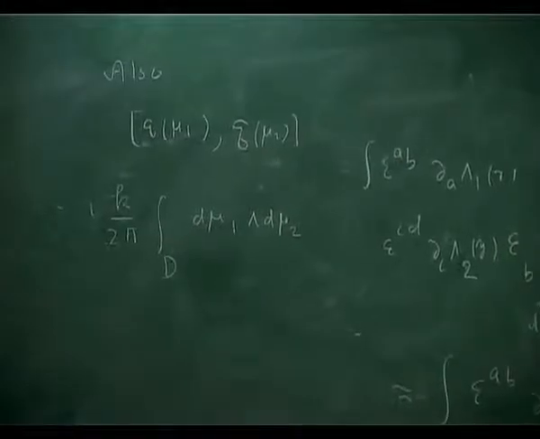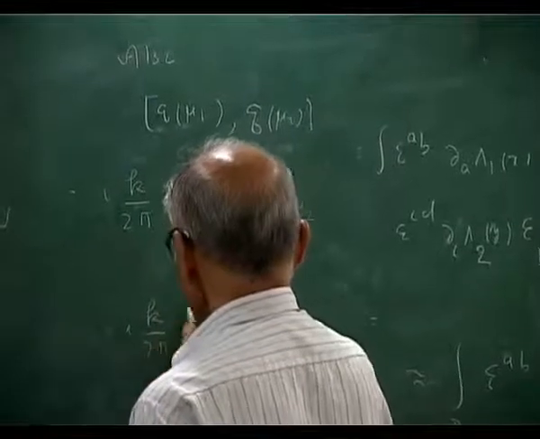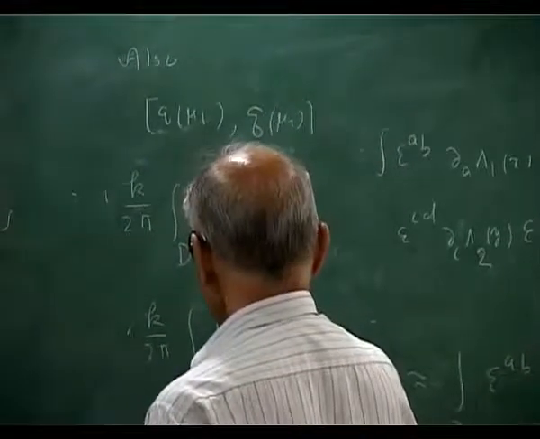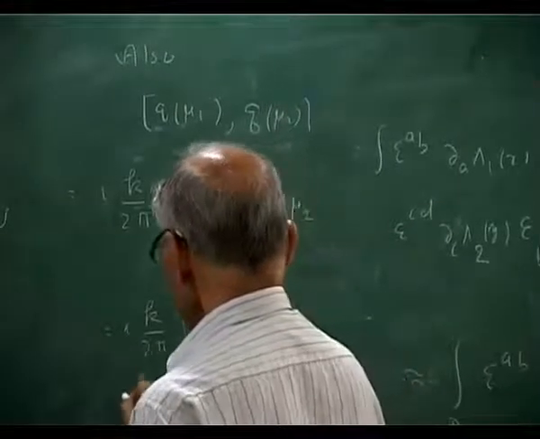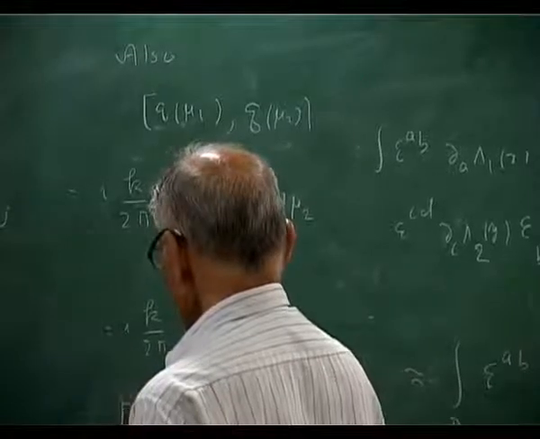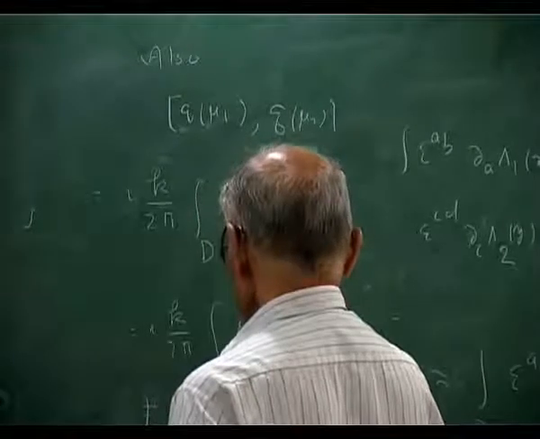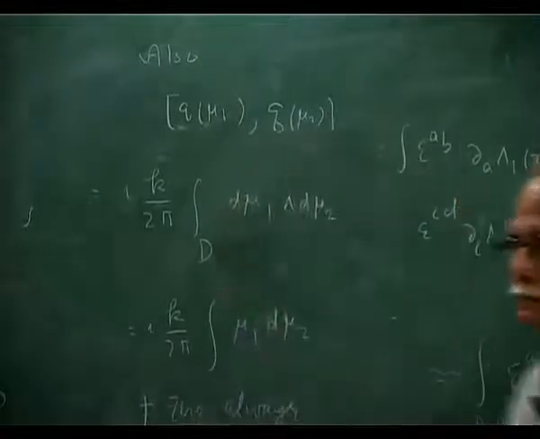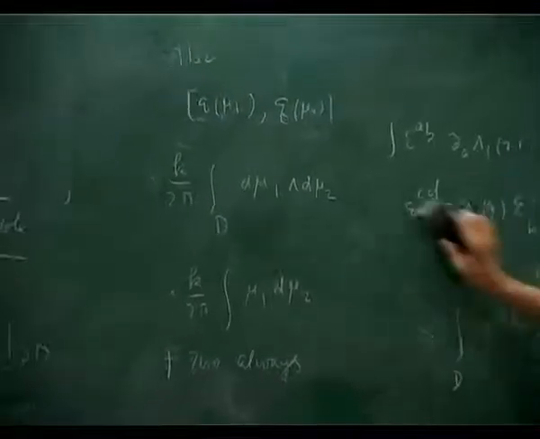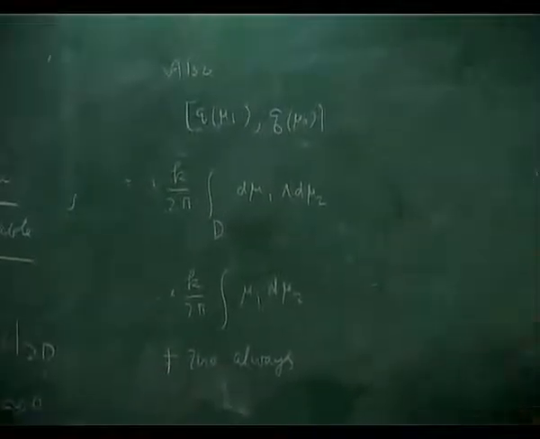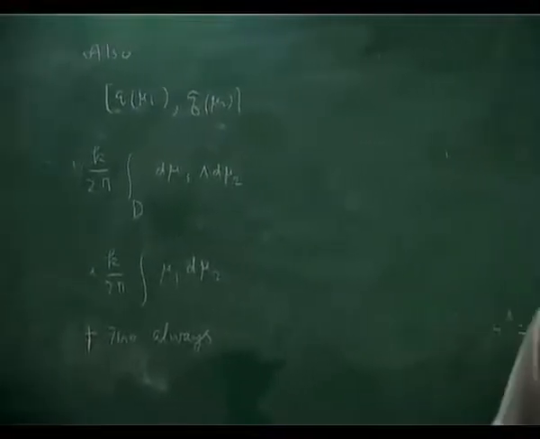But it is no longer 0, because this is equal to I k over 2 pi of mu1 d mu2. It need not be 0 always. So we are suddenly finding something sitting at the edge, which is a non-trivial algebra. It looks like a Heisenberg algebra, but not quite.